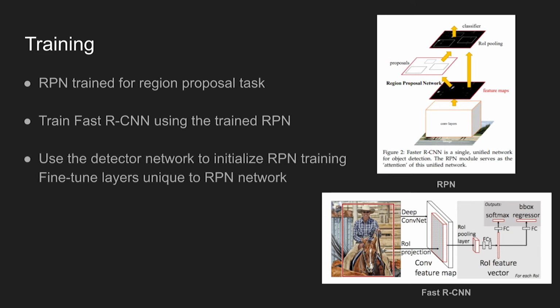In the third step, the authors used the detector network to initialize training of the region proposal network, but fixed the shared conv layers and only fine-tuned the layers unique to the region proposal network. And for the last training step, the shared conv layers are fixed, then the fully connected layers of the Fast R-CNN are fine-tuned. As such, both the region proposal network and the Fast R-CNN detector share the same conv layers and form a unified network.